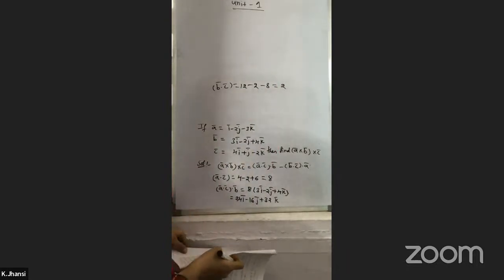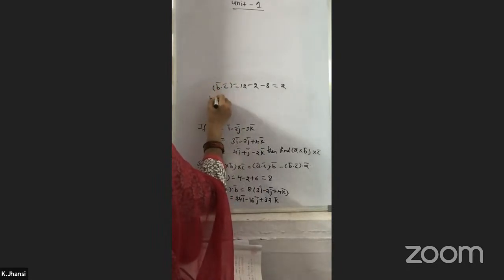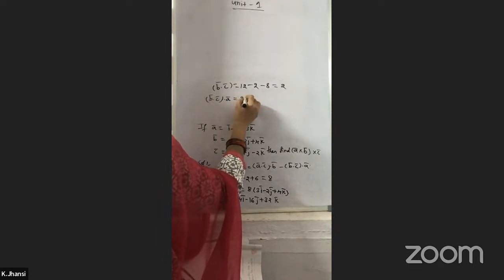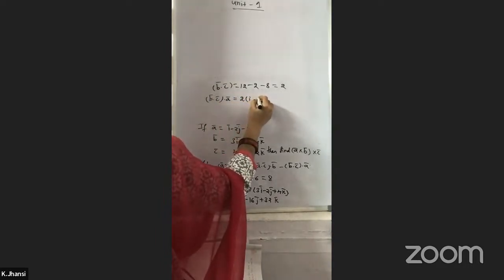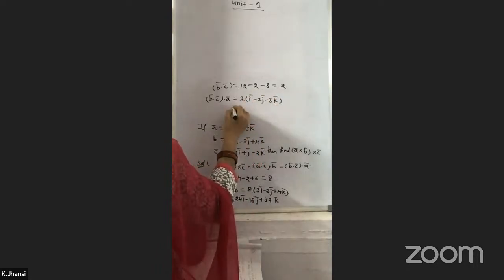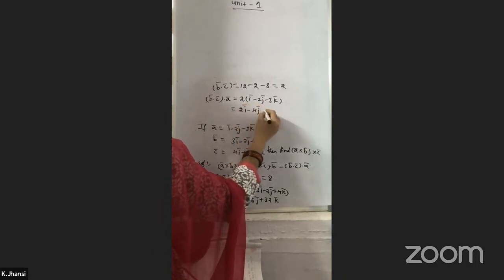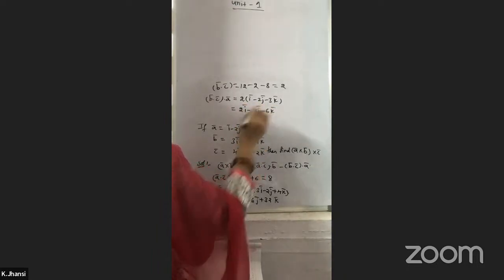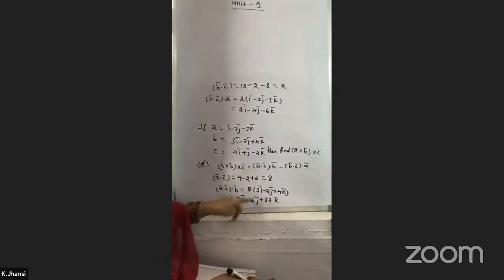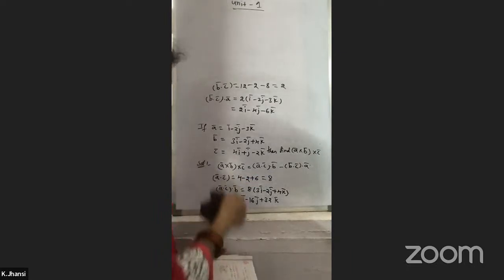This value is 2, and B dot C into vector A is equal to 2 into vector A, which is i minus 2j minus 3k. So it is equal to 2i minus 4j minus 6k. Okay. So for A cross B cross C, we need to substitute these two values, and whatever the resultant you will get, that is the answer of the problem.